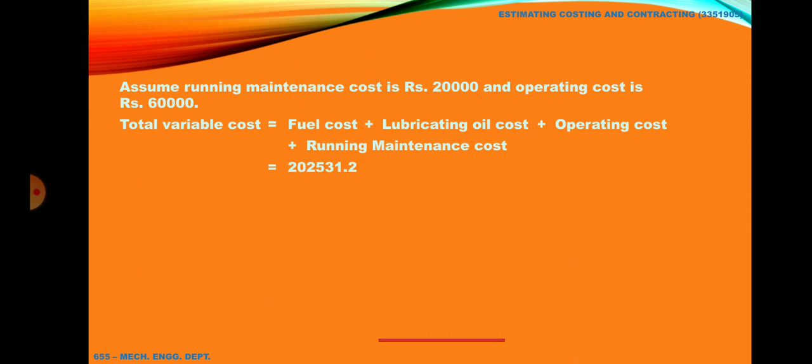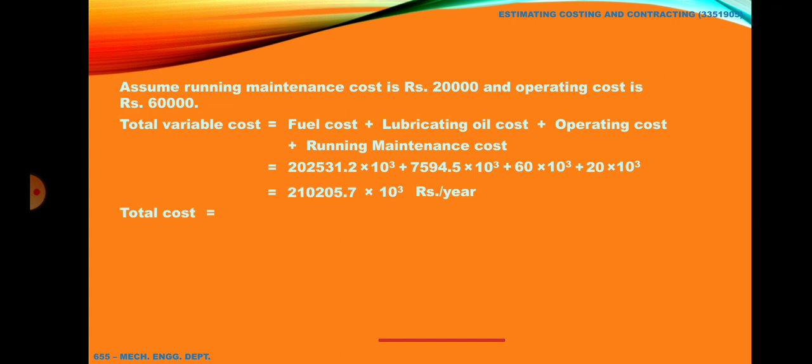So it is equal to 202,531.2 into 10 raised to 3 plus 7,594.5 into 10 raised to 3 plus 60 into 10 raised to 3 plus 20 into 10 raised to 3, which is equal to 210,205.7 into 10 raised to 3 rupees per year.